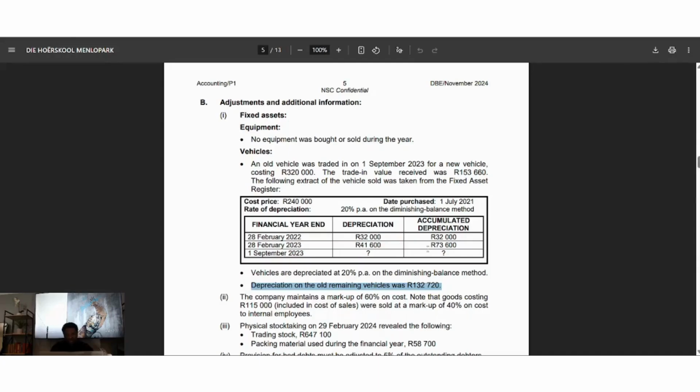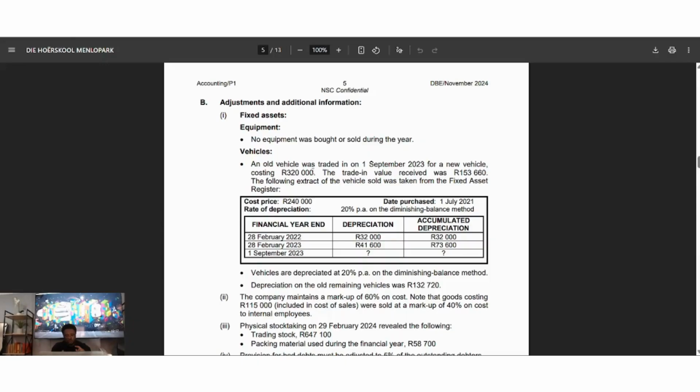So let's take the first vehicle then. The vehicle costing 320,000 currently has no accumulated depreciation, so that's 320,000 minus 0, which is 320,000. And then we're going to multiply by 20%, and then multiply by the number of months that it was in the business. Our year ends on the 29th of February 2024, so we have to count the months from when it was traded in to the end of the year. It was traded on 1 September.